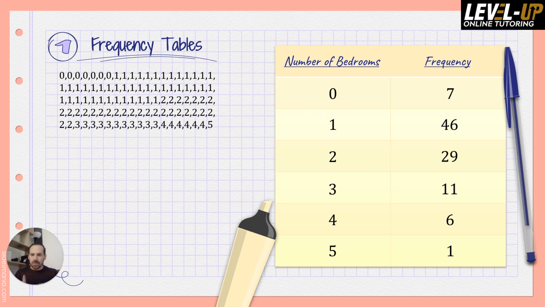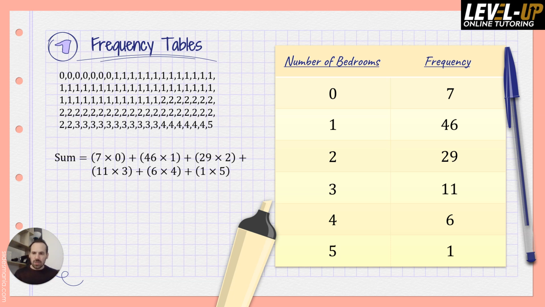We can do this more concisely by multiplying the frequency by the number of bedrooms. So here we've got 7 lots of 0, then 46 ones, 29 twos, 11 threes, 6 fours, and 1 five. By doing that multiplication and adding those up, we can get the sum more efficiently.